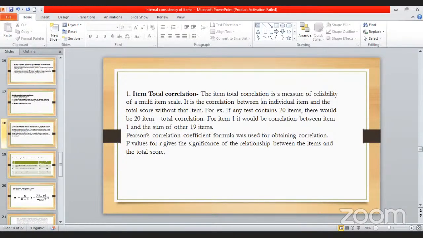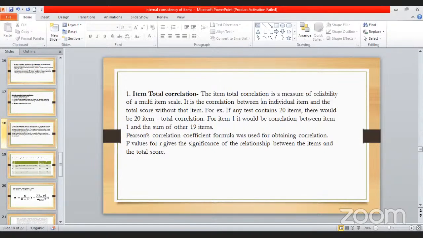The item total correlation is the correlation between each item and the other items. For example, if a test contains 20 items, there would be 20 item total correlations. For item 1, it would be the correlation between item 1 and the sum of the other 19 items. For item 2, it would be the correlation between item 2 and the sum of the other 19 items. Clear?